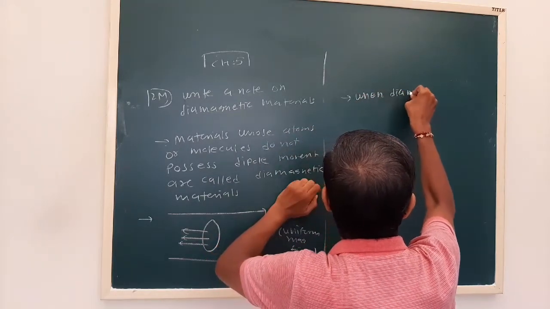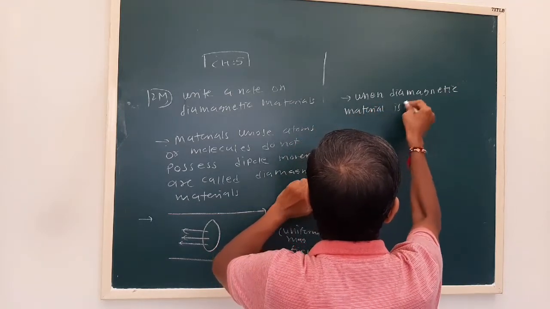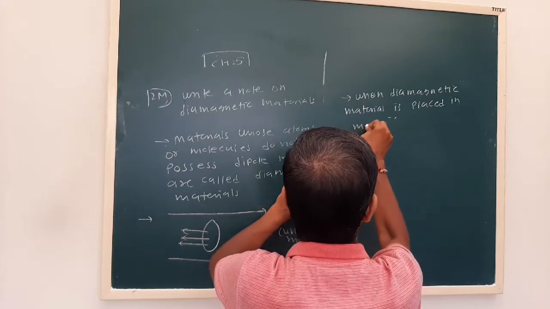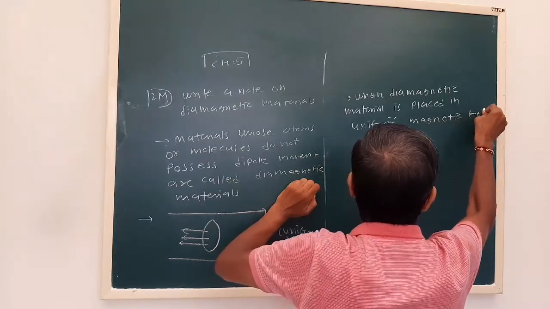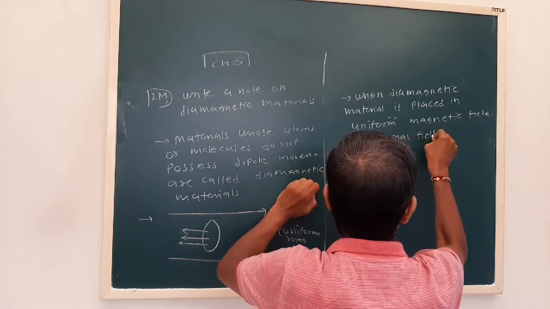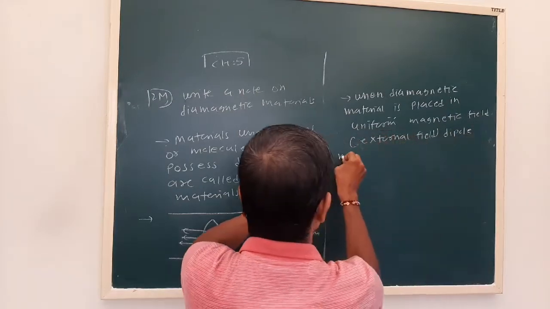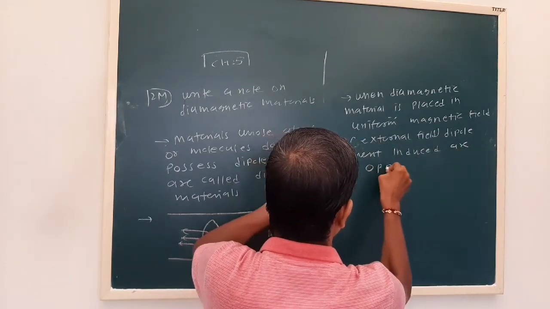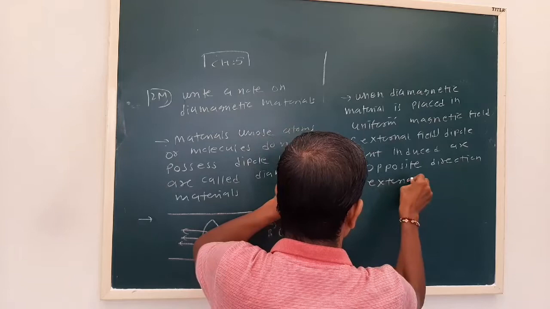So we can write like this: when diamagnetic material is placed in a uniform magnetic field, the dipole moments induced are in the opposite direction of the external magnetic field.